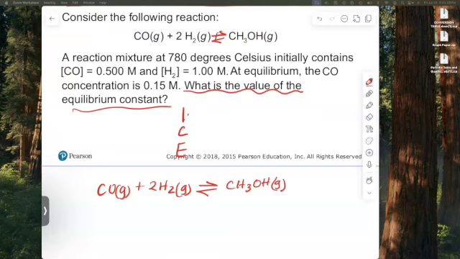So the I stands for initial, referring to you will place all the initial amounts right here in the first row of your table. C stands for change. And the change here actually goes with stoichiometry. So we're going to go back to 1411 and look at the stoichiometry that tells you how much of each reactant reacts relatively, right?